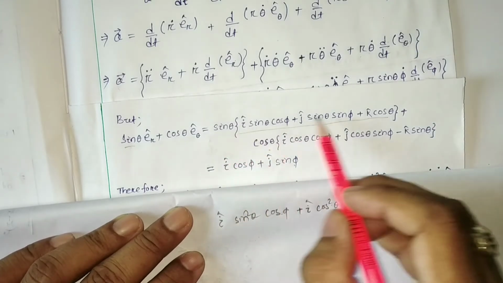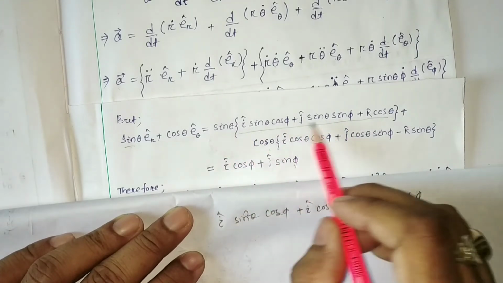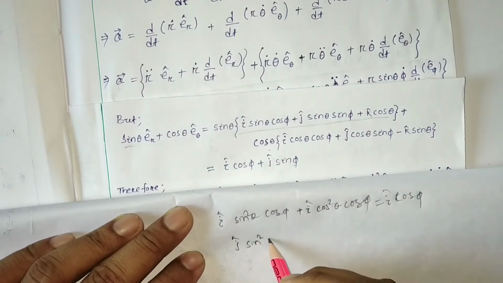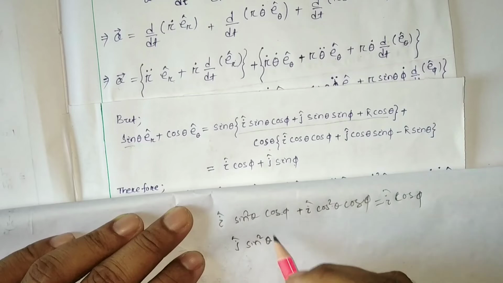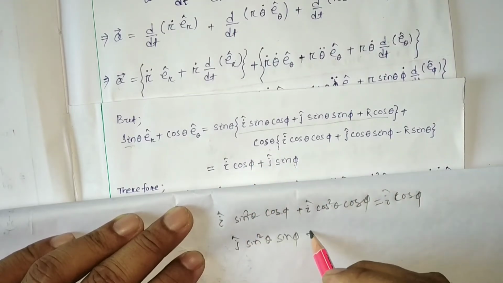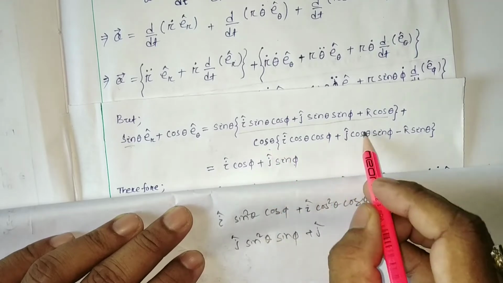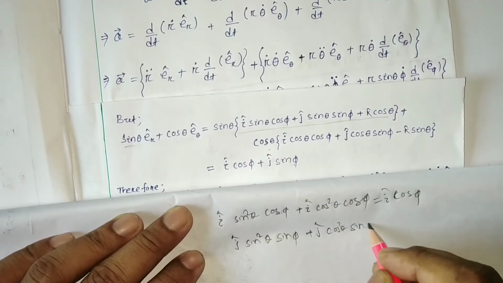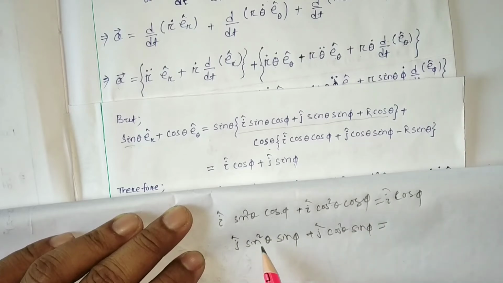Next, sin theta multiplied with this one will be sin square theta. That means j cap sin square theta sin phi, right? Then here plus j cap cos square theta sin phi, right? So here sin square and cos square, with sin phi both the same. If sin phi is taken outside, sin square theta plus cos square theta will be 1.